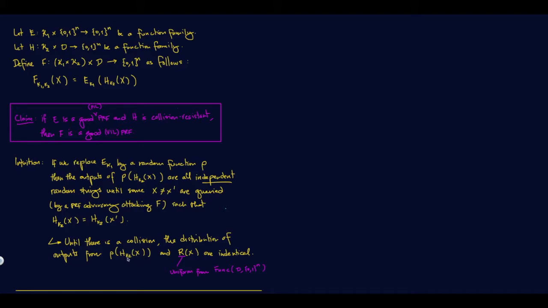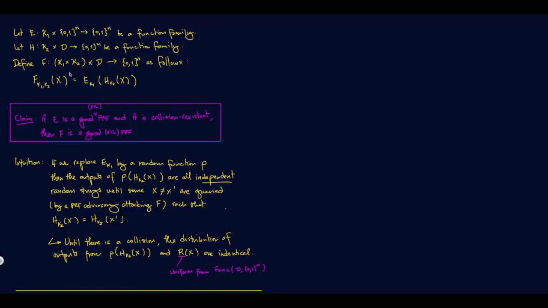As long as these inputs are distinct, the outputs of rho are all independent uniform random strings, and that is exactly the distribution that you would get if you had instead a big random function R, chosen uniformly from all functions that map from D to n-bit strings, which is, after all, the mapping that F provides, right?